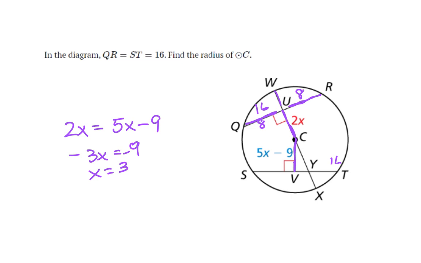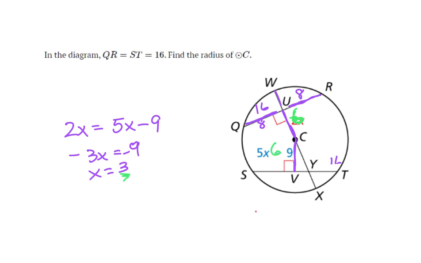It's asking, though, for the radius of circle C, and I've not got the radius yet. Let's see what I can find out. If x is 3, 2x is 6. So this piece is 6. This piece is also 6. But it's looking for the radius. The radius is not really drawn in here, and a lot of times it helps us to draw a radius.